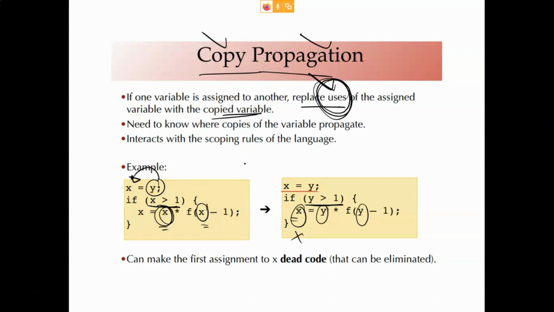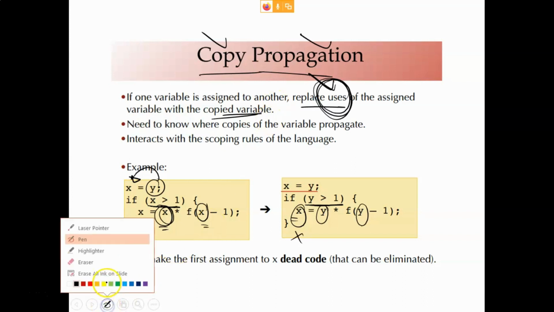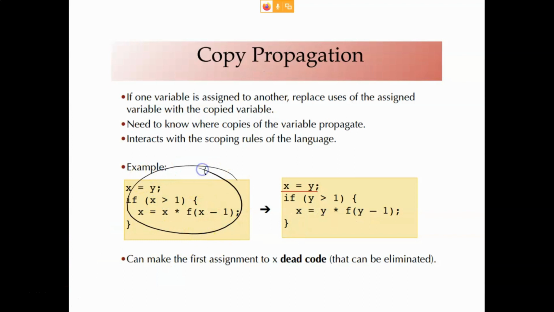And as I told you in the last class also, this copy propagation will lead to dead code elimination. After copy propagation, we can apply dead code elimination. Just look at this program. On this program, we have done copy propagation, and we got this program.